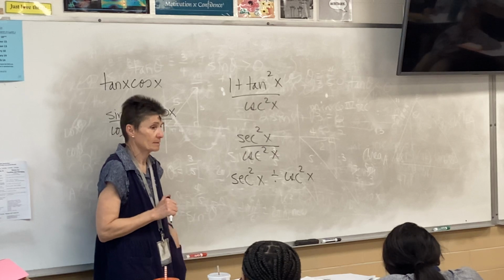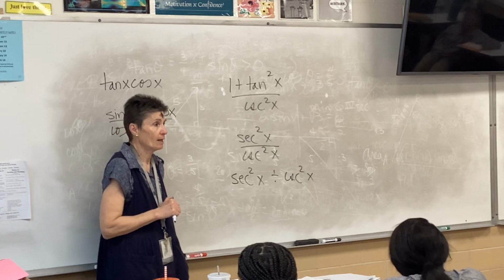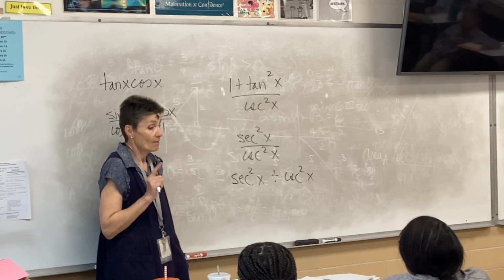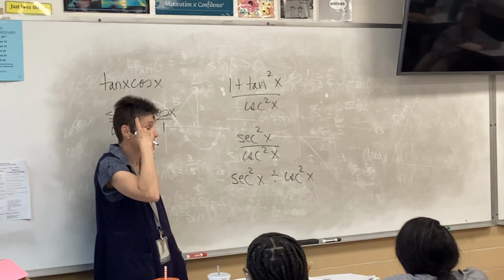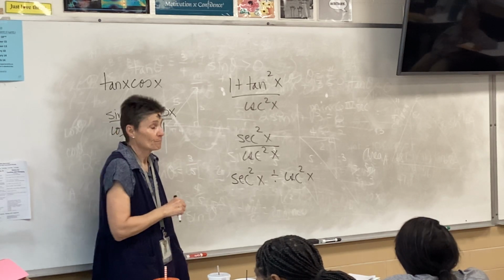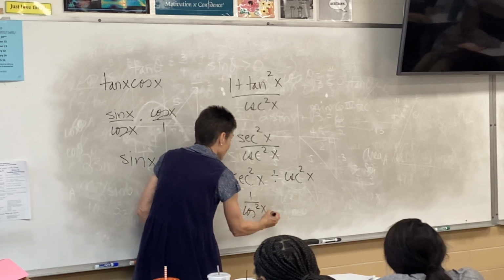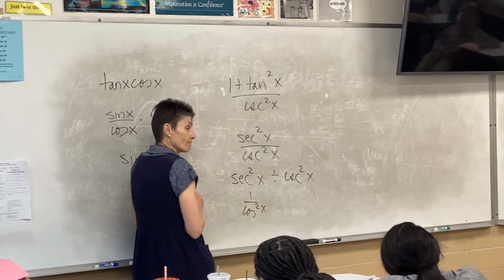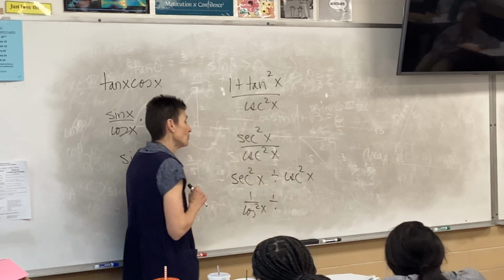What's secant? Secant is the reciprocal of cosine. That is not on your sheet. You need to know that. You need to have memorized that secant is the reciprocal of cosine. So this is 1 over cosine squared, divided by, what about cosecant?